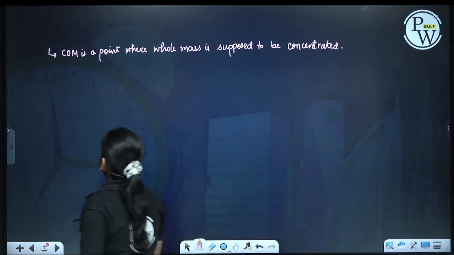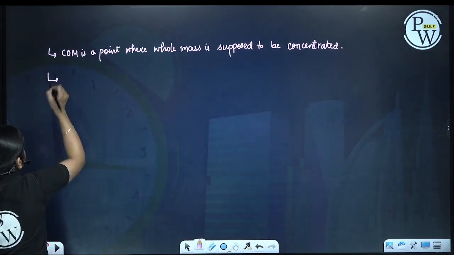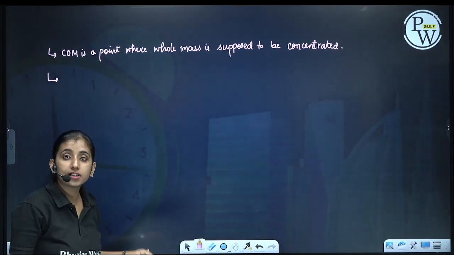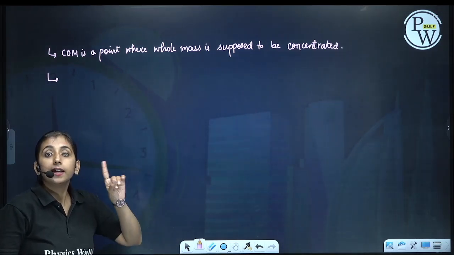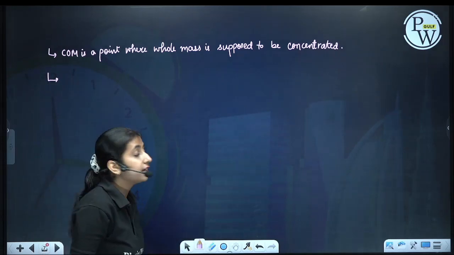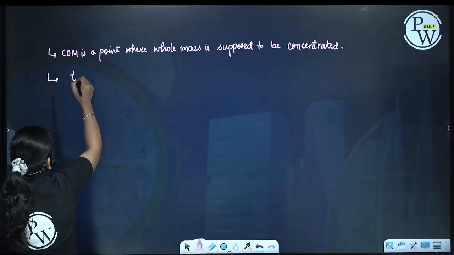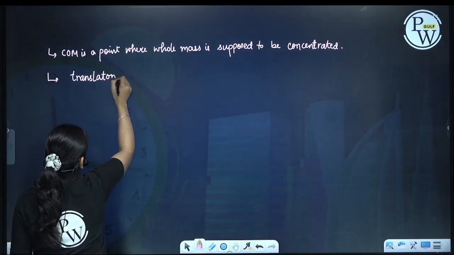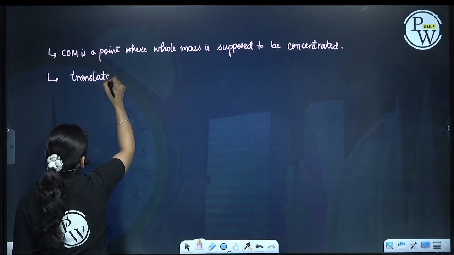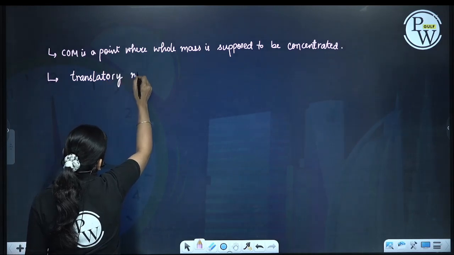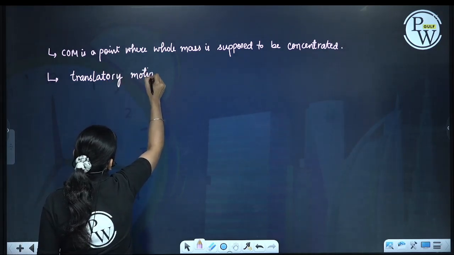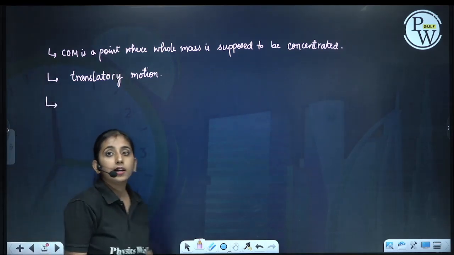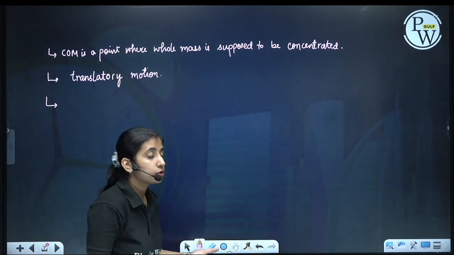It will be a hypothetical point where the whole mass is supposed to be concentrated. It describes the translatory motion of the body.